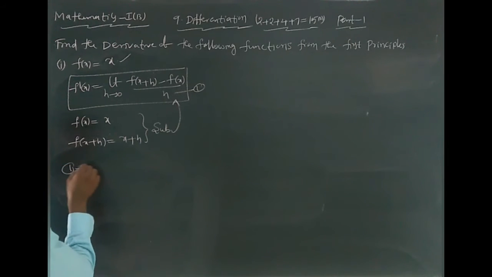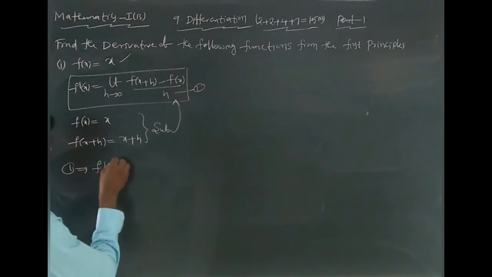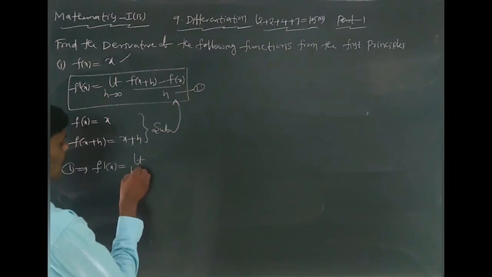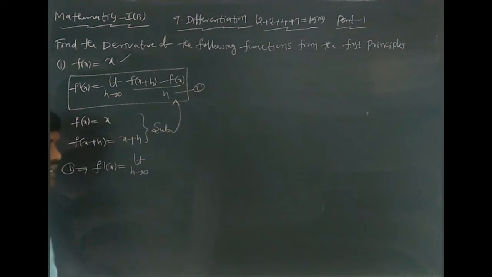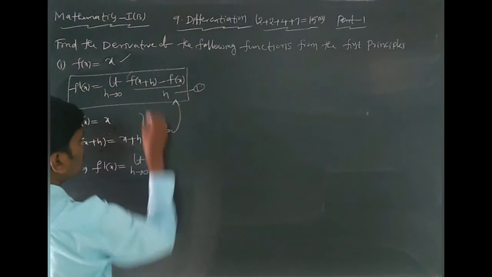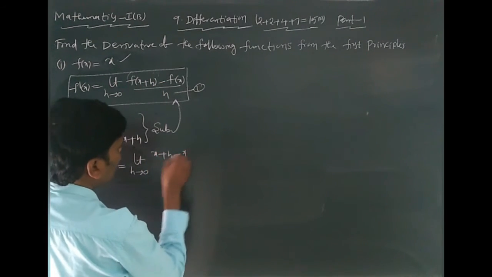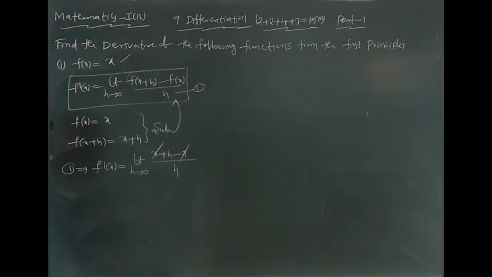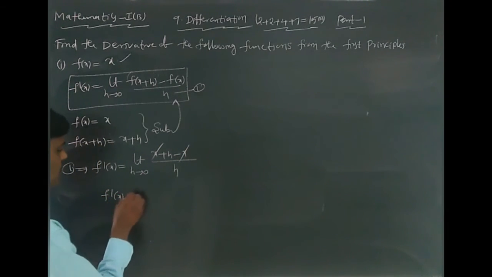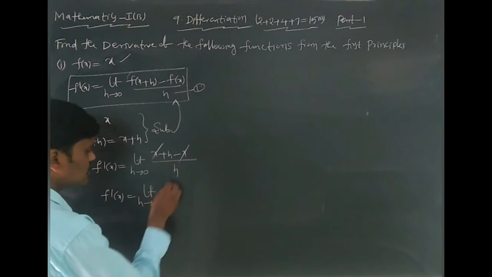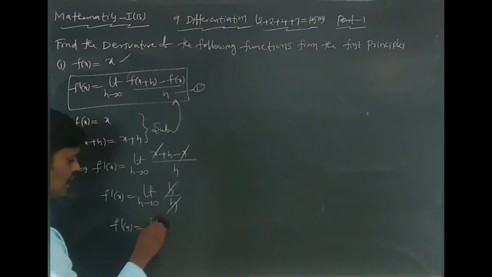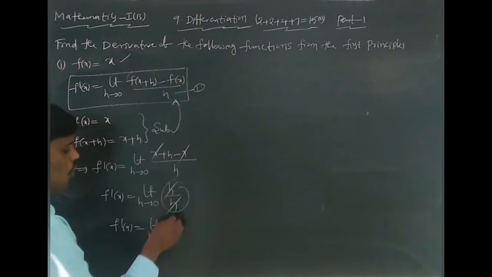You get f dash x is equal to limit h tends to 0, f of x plus h value x plus h minus f of x value x by h. x minus x get cancelled. f dash x is equal to limit h tends to 0, h by h get cancelled, remaining what? f dash x is equal to limit h tends to 0, 1.